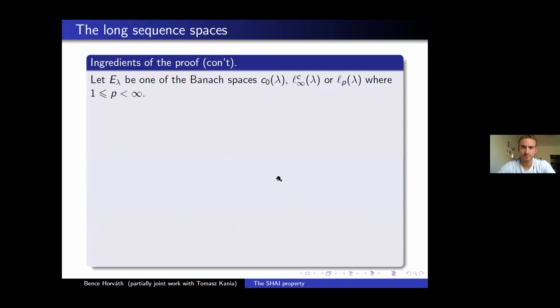So I will just denote all these spaces by the symbol E lambda. Lambda will just refer to the cardinality on which we're considering these functions. And again, I'm excluding the p equals infinity case.